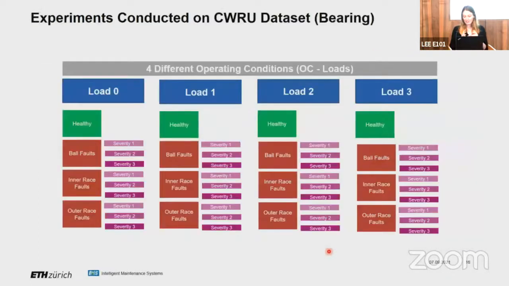Yes, and that's the data set that we applied it to. It's a varying data set that is recorded under 4 different loads, and it has healthy data as well as 3 different fault types, each at 3 different severities. So it gives us the perfect playground to test our objectives. First, we take out all data recorded under a specific operating condition.